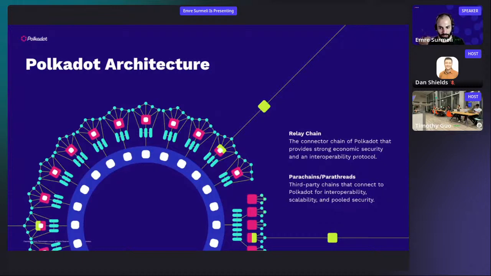In a technical way, all parachains are by default a parathread. So if your parachain gets downgraded somehow, and I'll talk about what that means, it goes to being a parathread. And then there are bridges. Sometimes you just want to create a bridge to an existing L1 like Bitcoin. So there are different ways to connect to the relay chain.